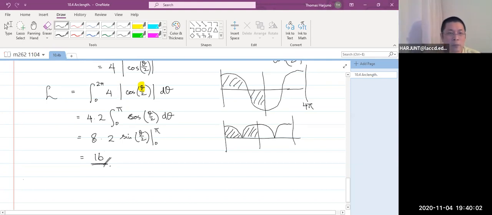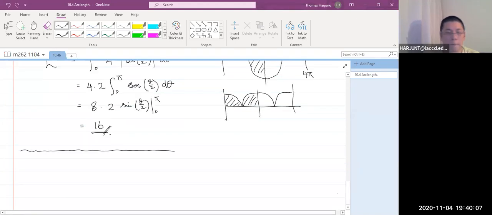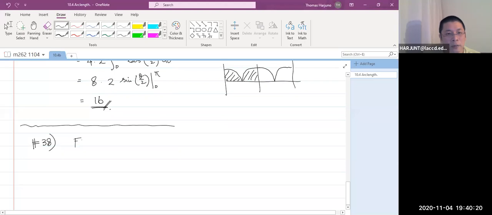Now, some extra topic, which is important for your calculus 3. Question like number 38. It's not about arc length, but it's about point of intersection. Find all points of intersection of the following curves.